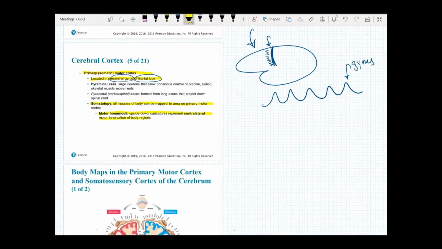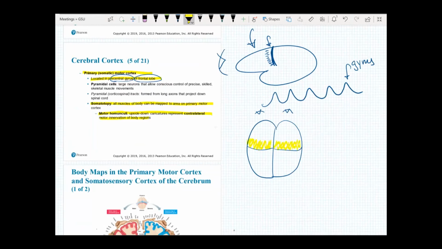Basically, if this is your brain, here's right, here's left, this is the front, and here are my eyeballs. So now we're doing it from the top down. If these are my eyeballs, here's my precentral sulcus. We are talking about this section right here. This is my primary motor cortex.